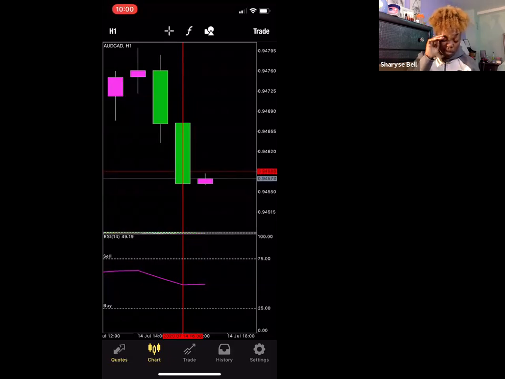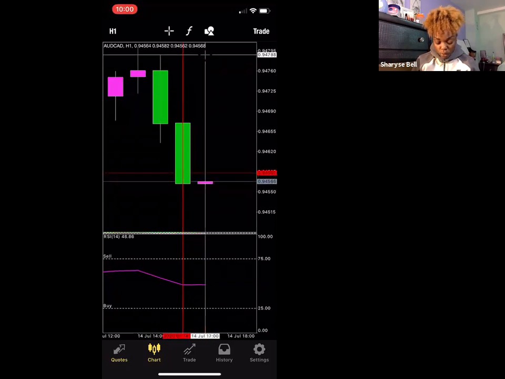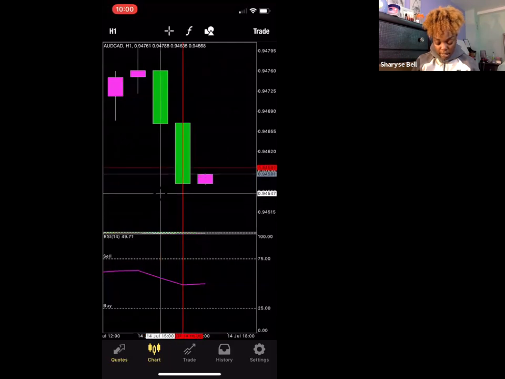Now, one thing about the candlesticks, you have something called your open, your high, your close, and your low of the candle. Nothing too important. The only thing I want you guys to know is this, okay?